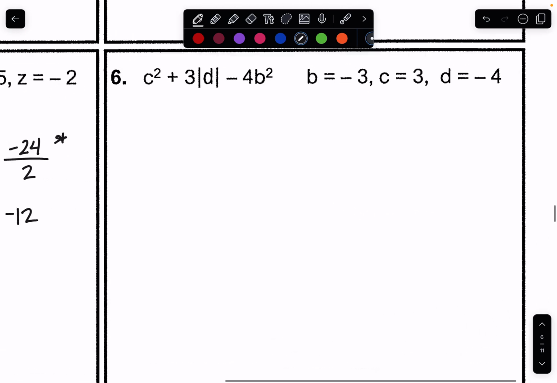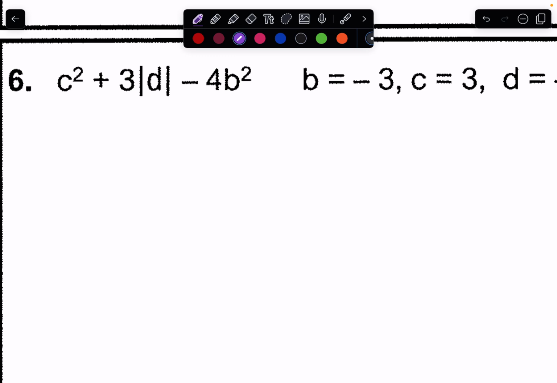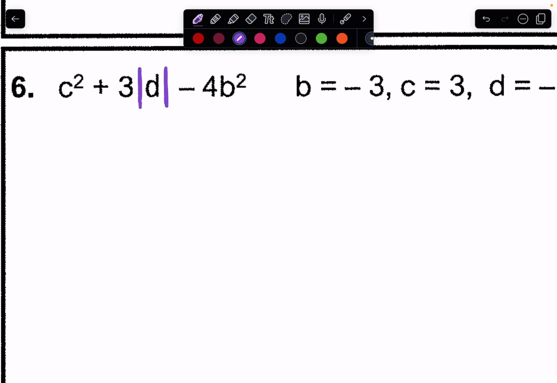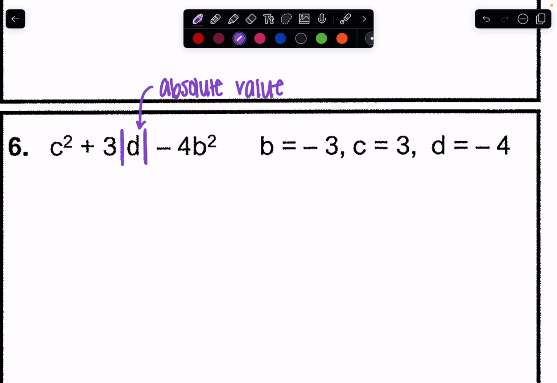So the last one, we see something that we maybe haven't seen in a while. These two bars. Does anyone remember what these two bars are called? It starts with an A. Absolute value. Good. So in your notes, I would draw a little arrow pointing to those bars.